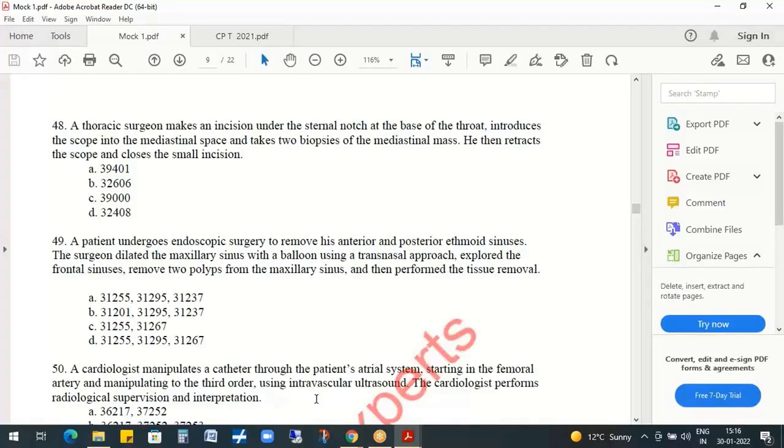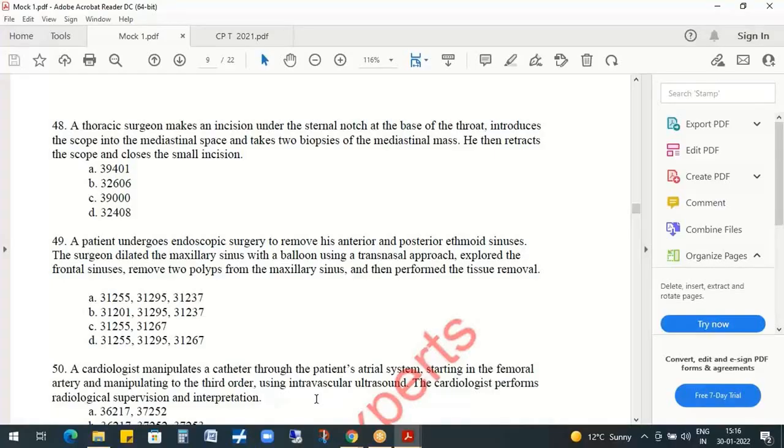Read the code 31255. Mohan, this is saying nasal sinus endoscopy surgical with ethmoidectomy, total anterior posterior. It is covering ethmoid, that is performed here by the physician.